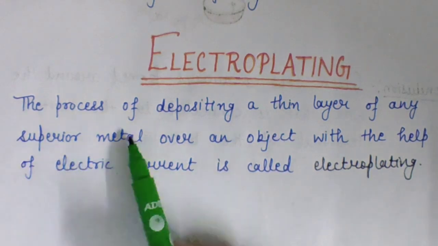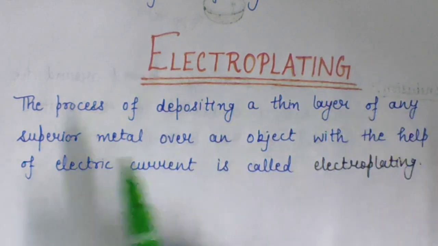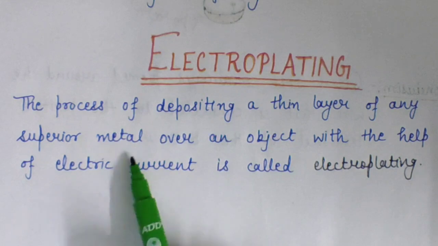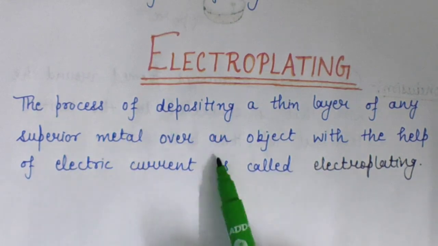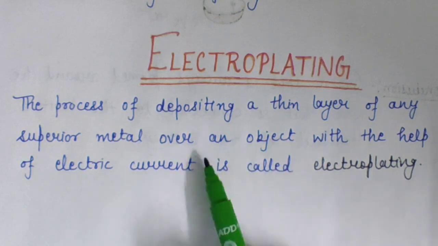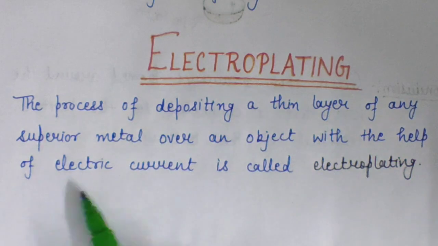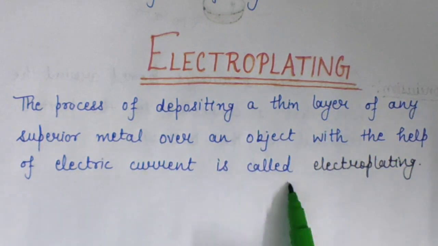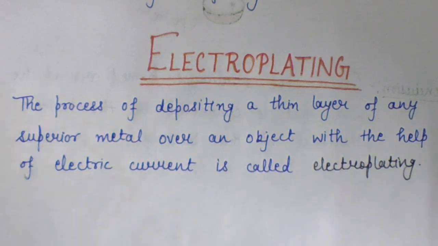And this process of depositing a thin layer of any superior metal like gold or any other superior metal over an object or over another metal with the help of electric current is called electroplating. Okay, this process is called electroplating.